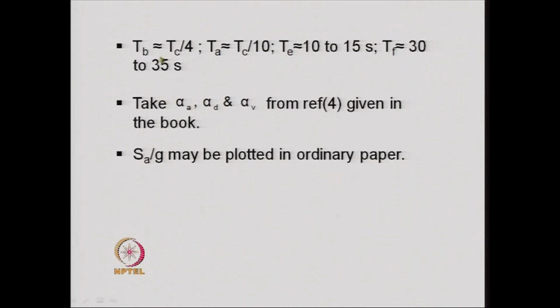Generally this empirical relationship is used in obtaining the values of TB, TA, TE etc. They are all defined in terms of TC, and it has been seen that TF generally lies in the range of 30 to 35 seconds, and TE generally ranges between 10 to 15 seconds.